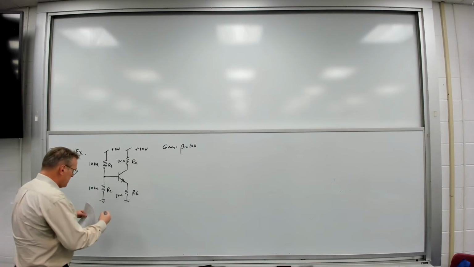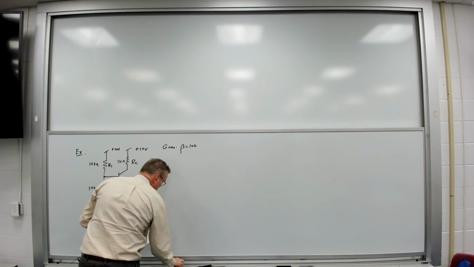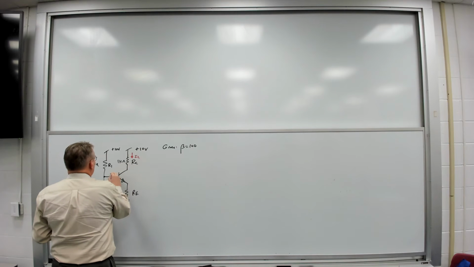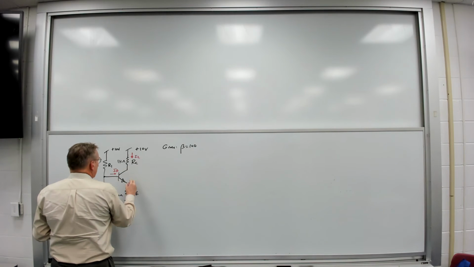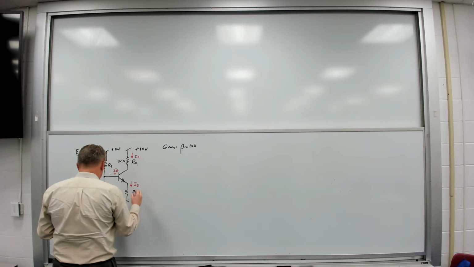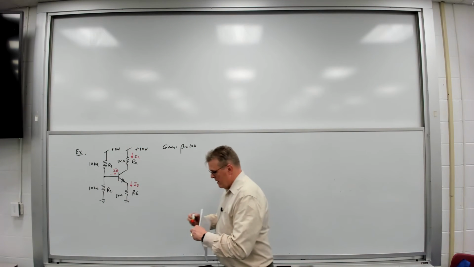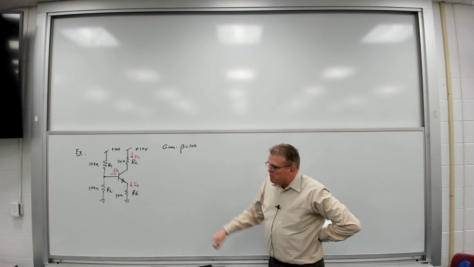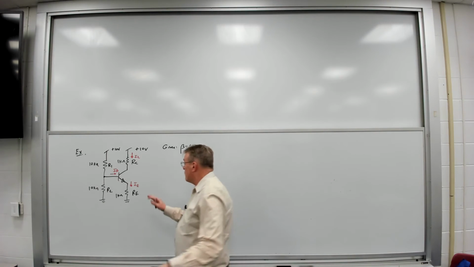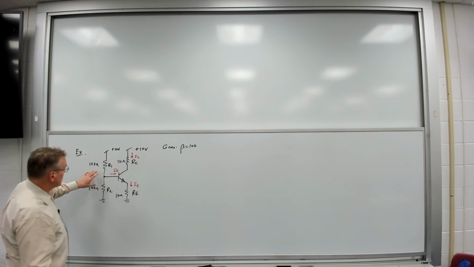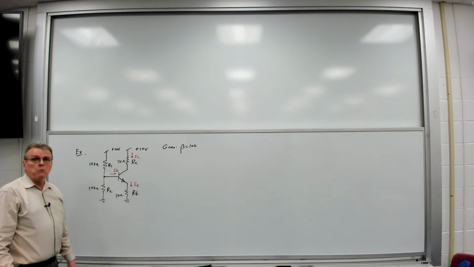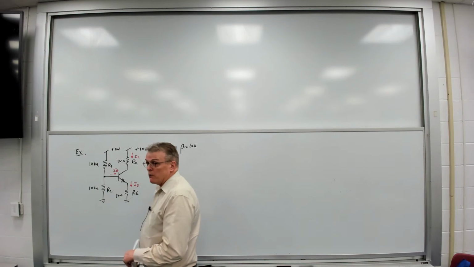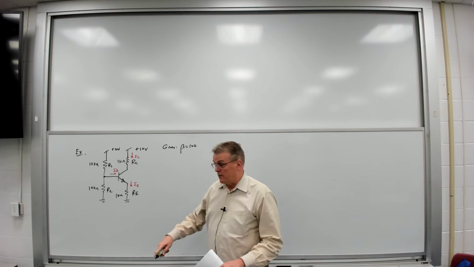In this case, I want to find all three of the currents: IC, IB, and IE. Now, for a MOSFET we could put in a circuit like this, and the gate current is equal to 0, which means it would have no effect at all on the voltage divider equation, on the KCL equation for that base circuit.